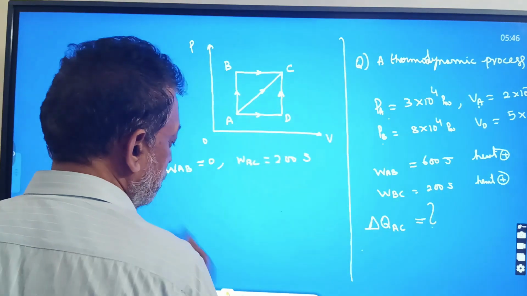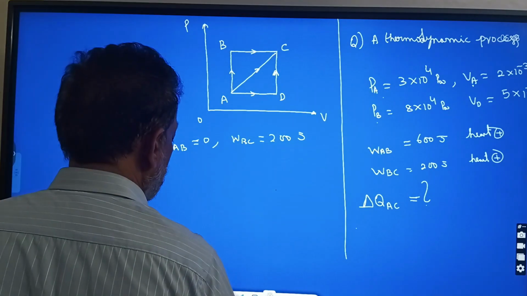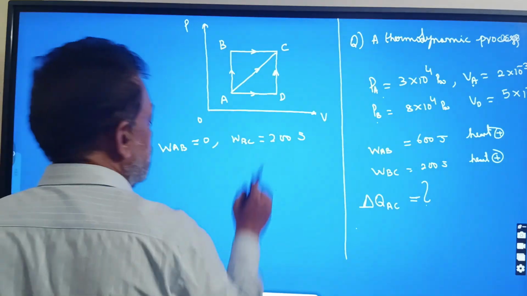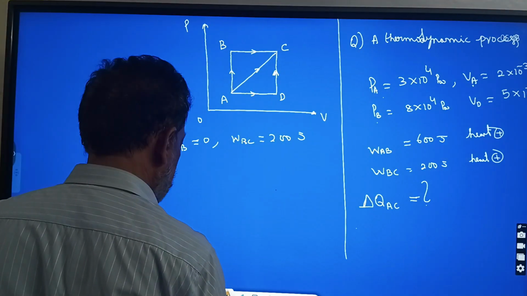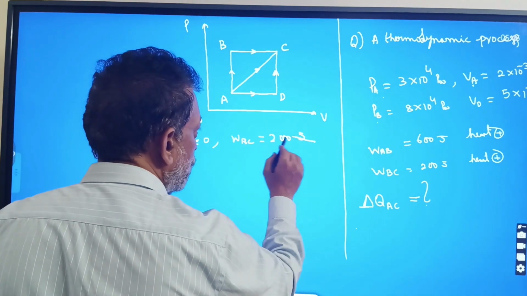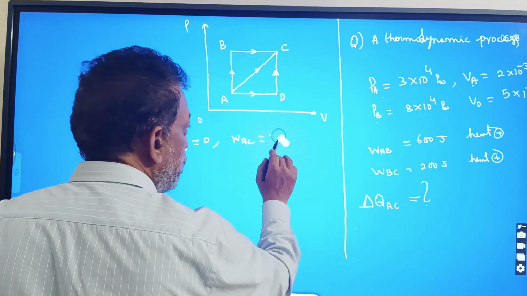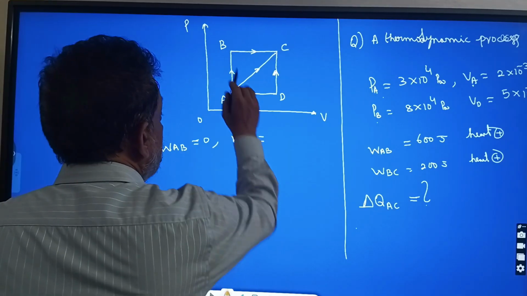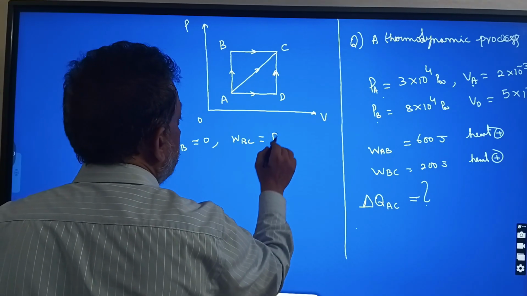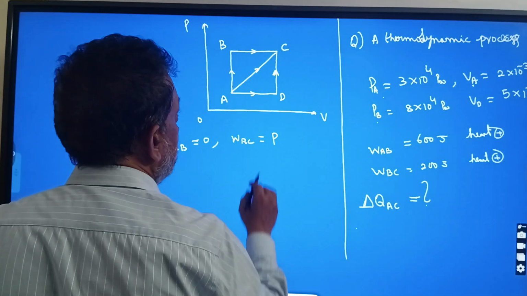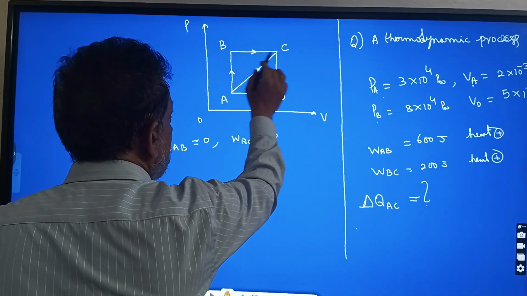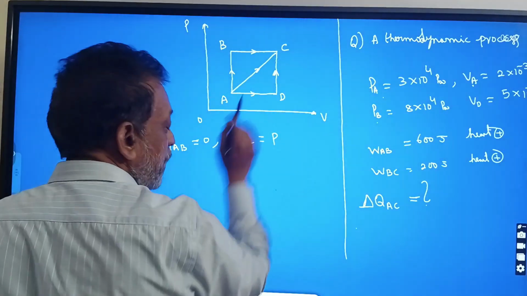The work is 0 for AB. What is WBC? What is the area under this one? Pressure is constant. PB and PC are both the same, and PA and PD also the same.